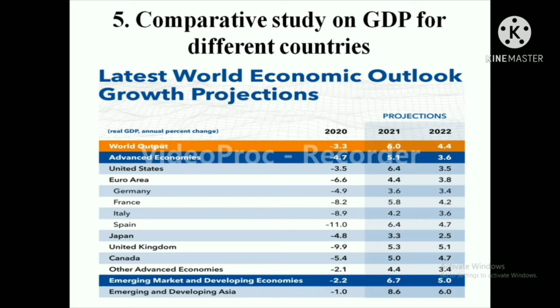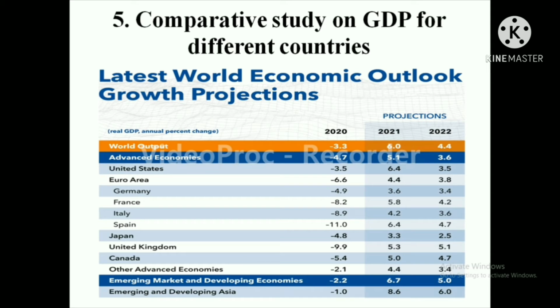It helps us to see the different countries with their present GDP level, and also the projected future, the predicted GDP rate. It has been given for 3 years: 2020, which is already gone, 2021, the present year, and 2022.